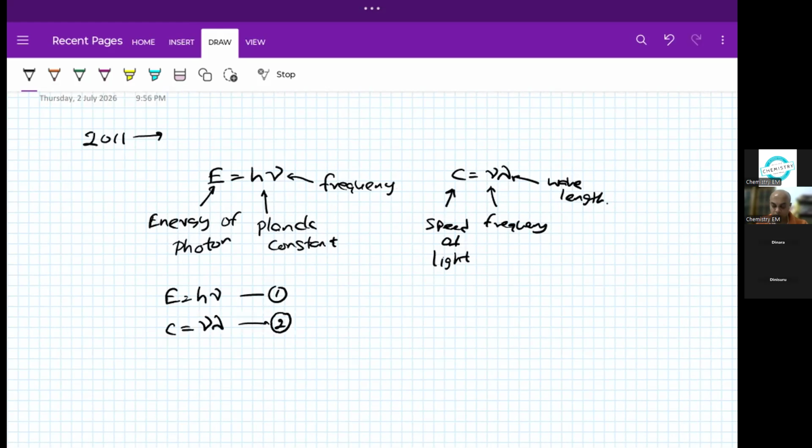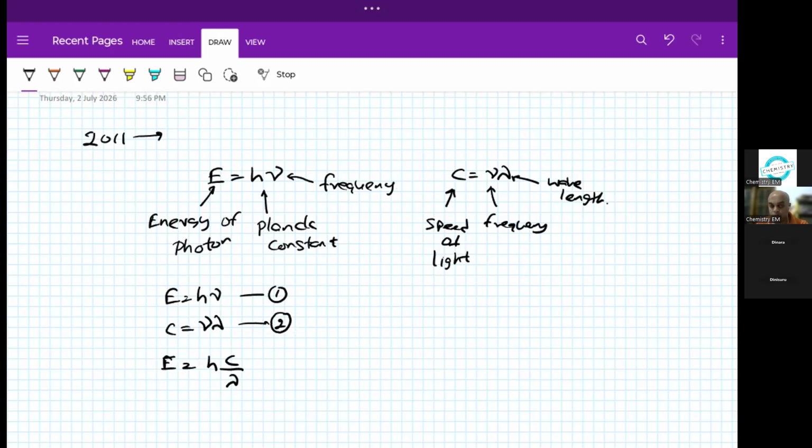So I can combine these two. I can substitute the value for nu because nu is not given; we have been given lambda. So E equals h nu becomes h c divided by lambda. It's okay to remember these equations as well. Then this is the energy of one photon.